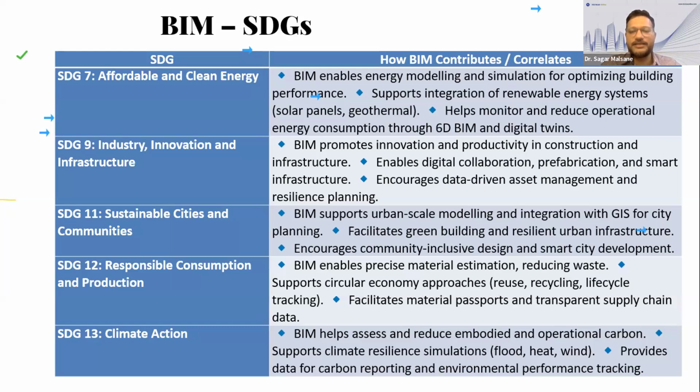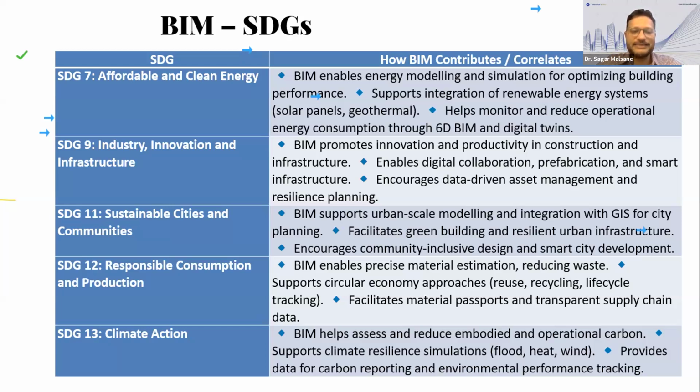It facilitates material procurement, and in a way it helps reduce waste, correct? Responsible consumption and production predominantly talks about how we can be more accountable in reducing carbon footprint, or having an appropriate plan for material consumption, material selection, or material usage. So BEAM has the potential to contribute massively towards SDG 12.